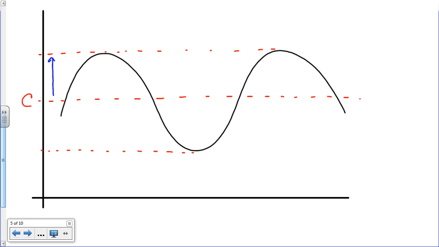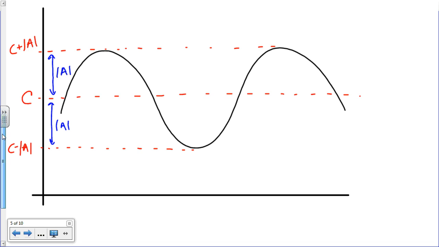So this distance right here is the absolute value of A. This distance right here is also the absolute value of A. So if you want to name these points here, this would be C plus the absolute value of A, and this would be C minus the absolute value of A. Okay, so that marks what's going on our vertical axis there, the amplitude and the sinusoidal axis.